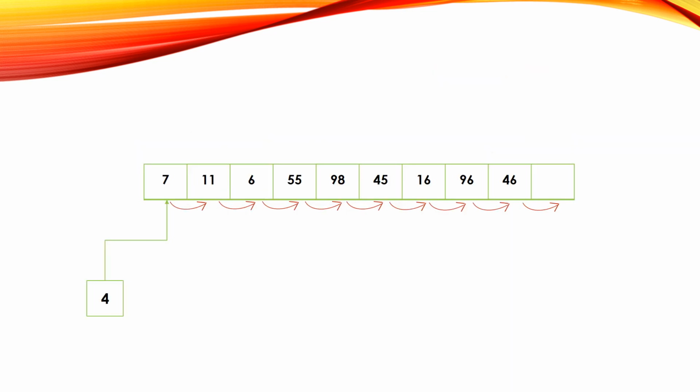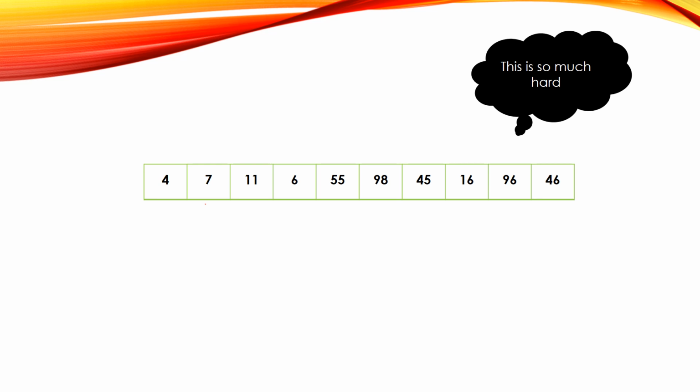In order to add the element 4 at the beginning of the list, we need to shift all the elements one by one just to add one element in the beginning of the list. After shifting all the elements one by one, it is possible to add one element, that is 4, in the beginning of the list, but this is really so much hard.